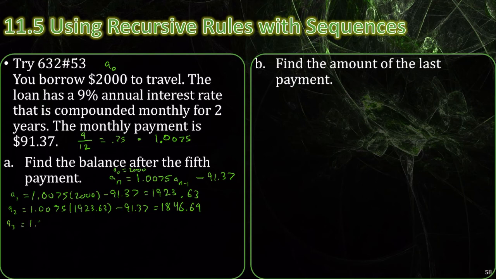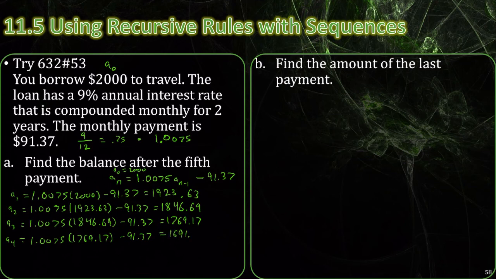A3, they're going to charge interest again on your previous balance, and then you'll pay $91.37, which is $1769.17. Fourth month, they'll charge interest on your previous balance, and you'll pay the $91.37, which is $1691.07.